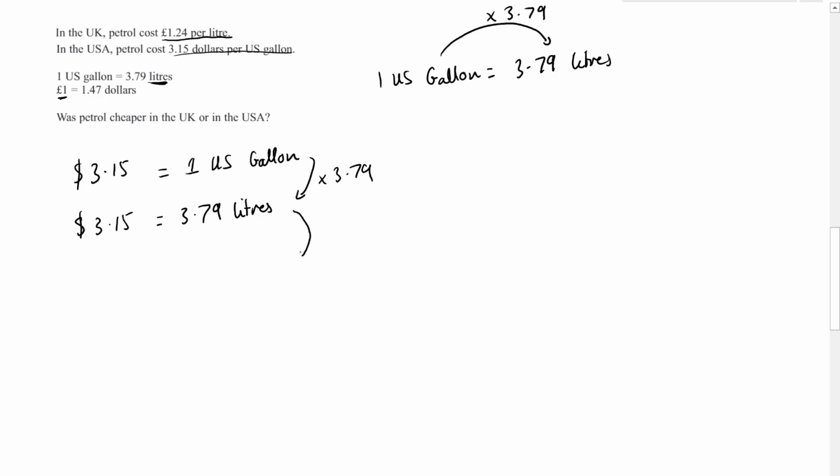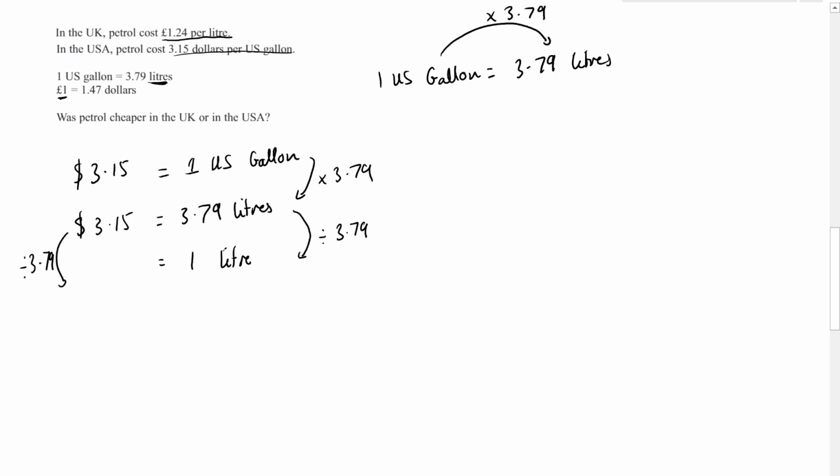So now we're going to divide by 3.79, but whatever we do to one side, we have to do to the other. So we're also going to have to divide this by 3.79 to get just 1 litre.